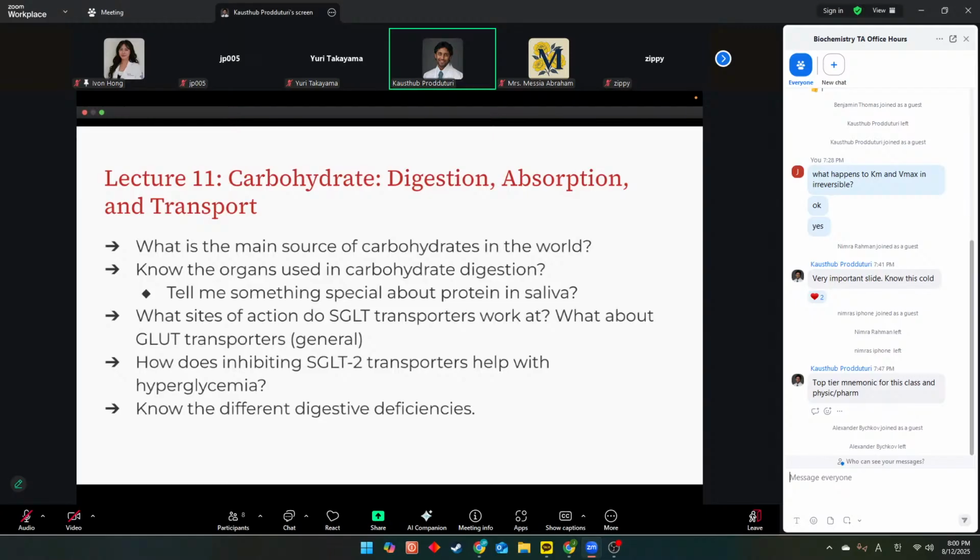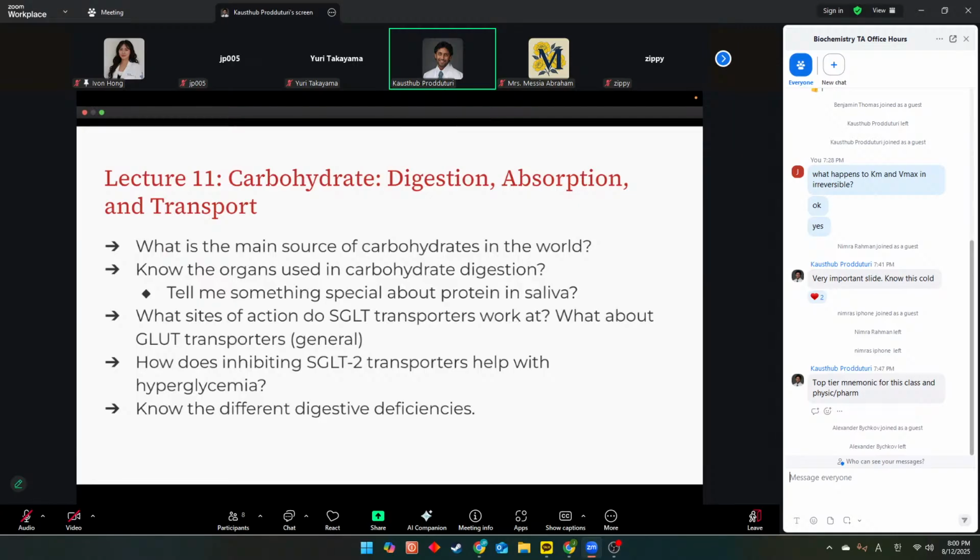Know the different tissues that they transport to, and I think Yuri or Yvonne touched on it in their lectures or slides. Like GLUT1 transports glucose to the brain. GLUT2 goes to skeletal tissue, I believe, and so on.